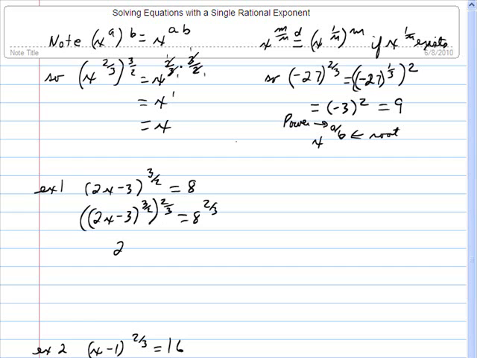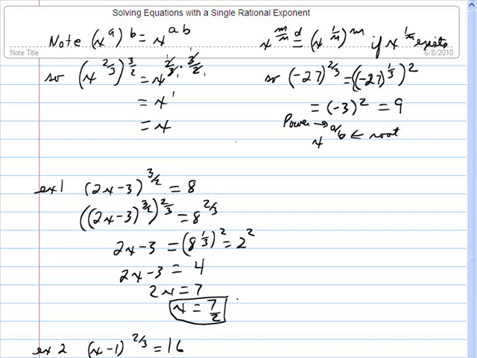And on this side, I get 2x minus 3 to the 1, which is just 2x minus 3. On this side, I get 8 to the 1/3 squared, which is 2 squared, which is 4. So I've got 2x minus 3 equals 4, 2x equals 7, x is equal to 7/2.